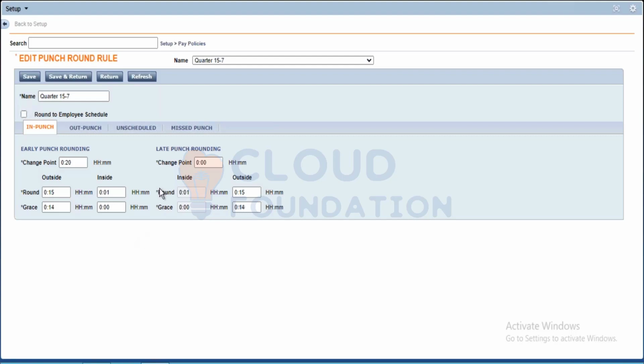It will consider the first 20 minutes as inside and the next 40 minutes as outside. So that is inside and outside, and it grays out if it's 0.